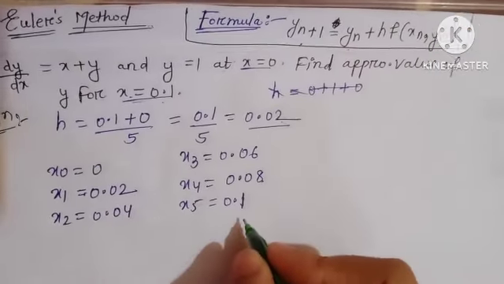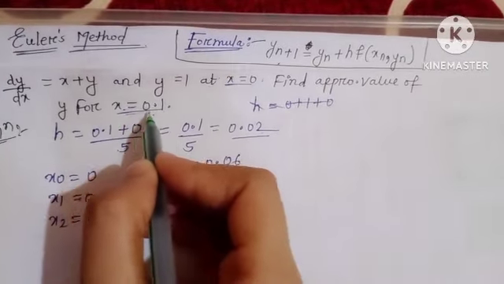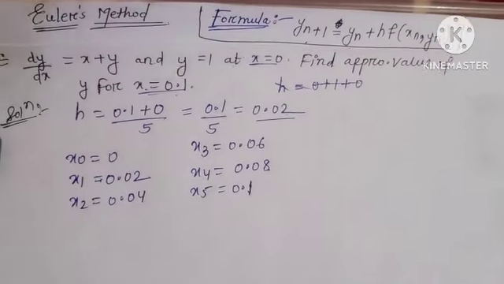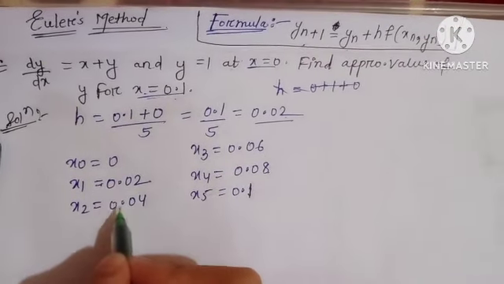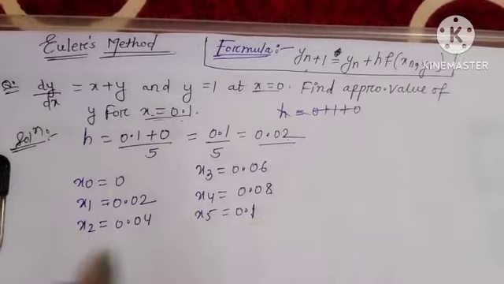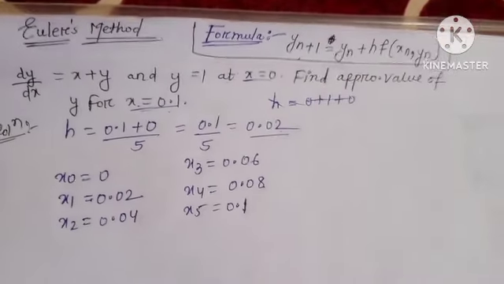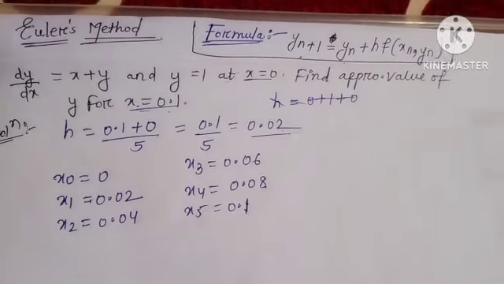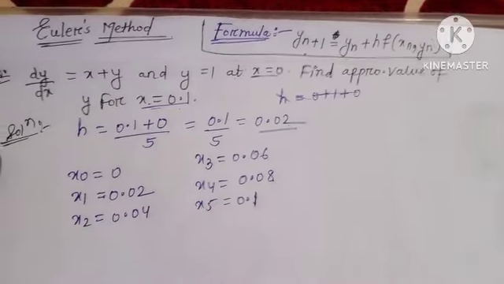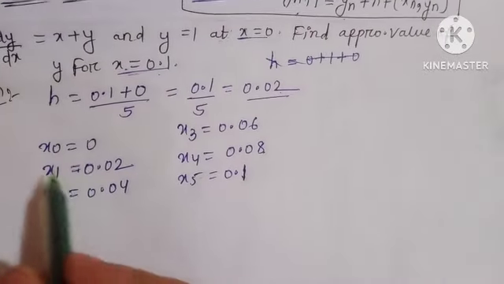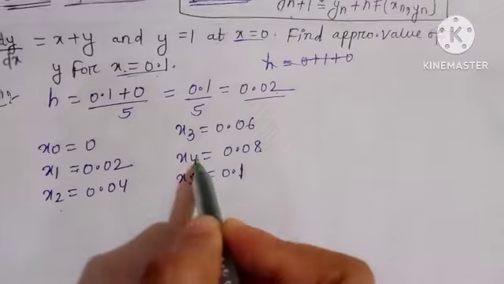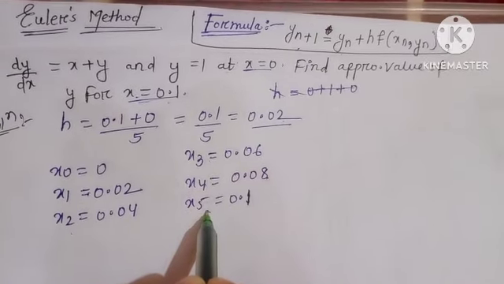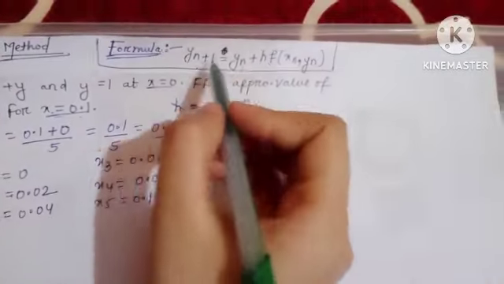We stop here because we have to compute the value at x equal to 0.1. Like this, with a difference of 0.02, we will find the approximation till y5. Now we have the values of x0, x1, x2, x3, x4 and x5.